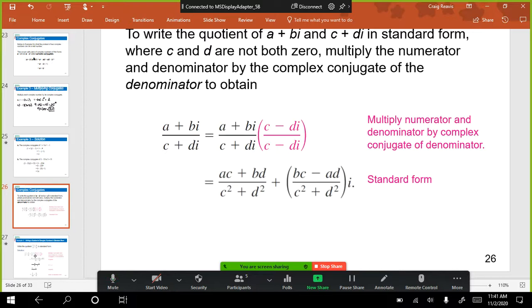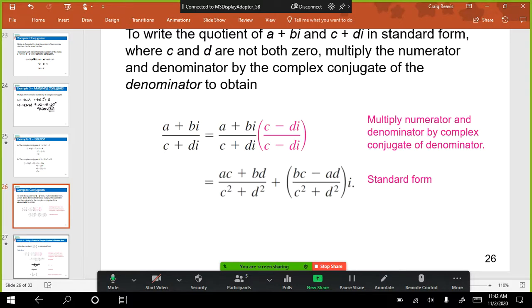To be in standard form here, you cannot have an imaginary part in the denominator of a fraction. So if you got an i in the denominator, they don't consider it simplified. The way we get rid of the i in the denominator is we simply multiply the top and the bottom by the conjugate. Because when we multiply the bottom by the conjugate, that gets rid of the i.